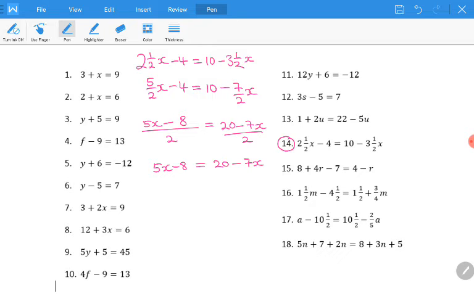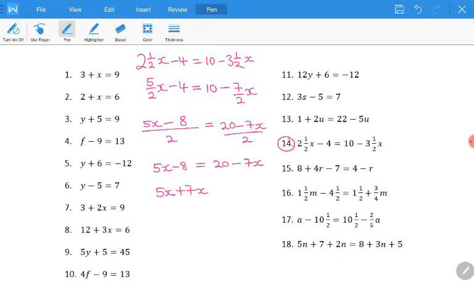So we are going to put the values with x on the left hand side and the constants on the right hand side. So this becomes 5x plus 7x, because this 7x is negative.